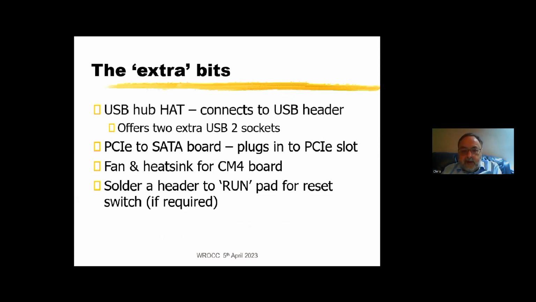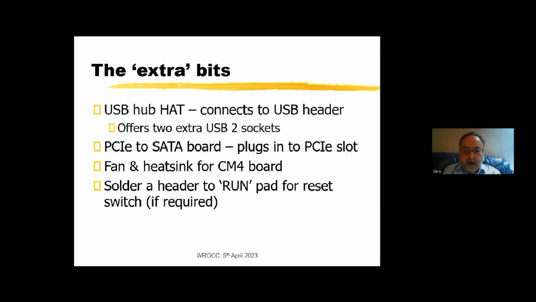There's a hat that has one input socket and 4 output sockets for USB. You can connect that to a 10-pin header for the two unused USB sockets on the circuit board, so that you can then offer an extra 2 sockets on the back or another 2 on the side as well. So that's a hat that plugs in to give some more USB sockets.